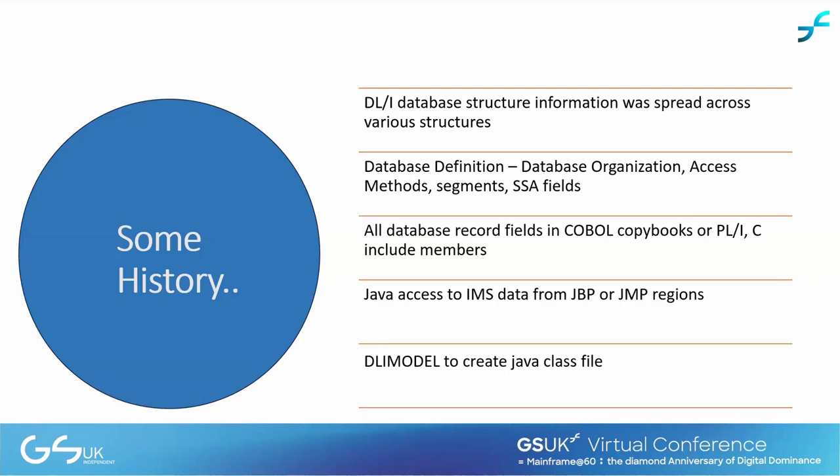Let's consider a bank database which consists of 3 segments. If you're not much familiar with the IMS constructs, you can always correlate it with the relational constructs, right? So when I say database, again, it is a database on the DB2 side as well. When I say segments on IMS, you can correlate it with the tables on the DB2 or relational side of the house. So let's consider a bank database which consists of 3 tables to start off with.